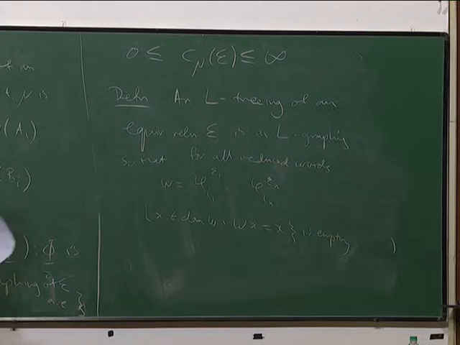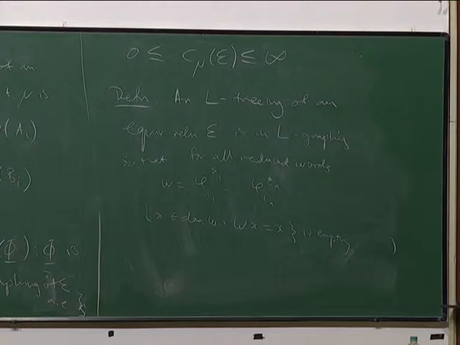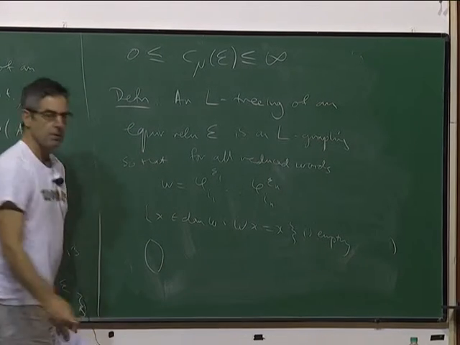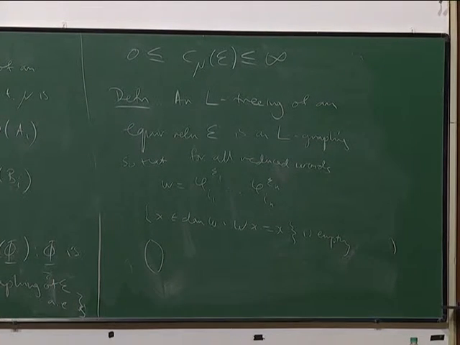So that's the most economical kind of graphing that you could get. It's a tree that says there are no loops. If you had Wx equals x, there would be two different ways of getting there. So we don't want to be able to go around a closed loop inside the thing.